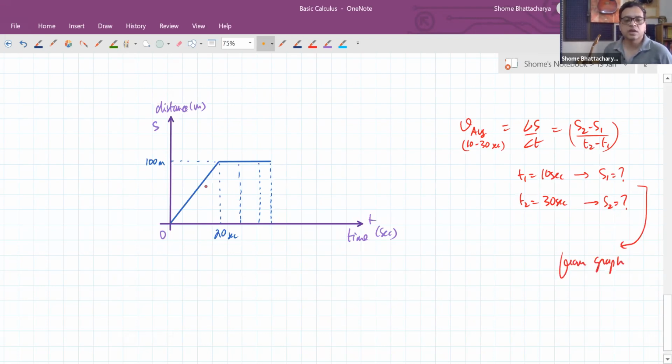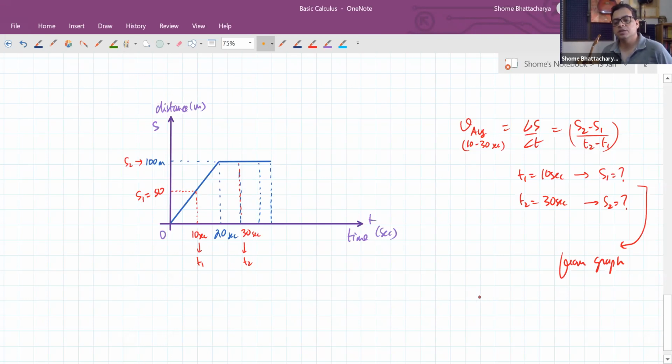Now let's pay attention to the graph here. Suppose t1 is this instant here, 10 seconds. From 0 to 20 seconds, s increases linearly from 0 to 100 meters, so obviously this will be 50. And 30 seconds is somewhere over here, so the value of s at 30 seconds is this much only. If this is my t1, then this is my s1, and if this is my t2, then this is my s2.